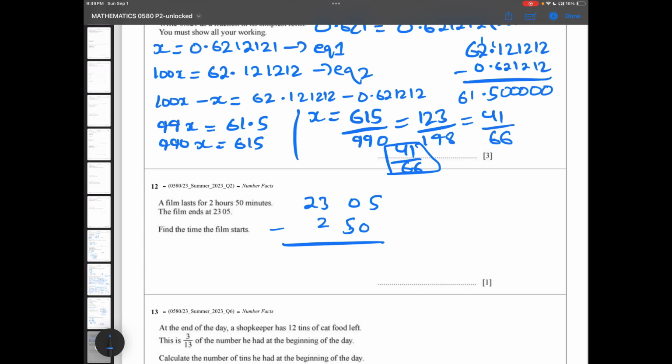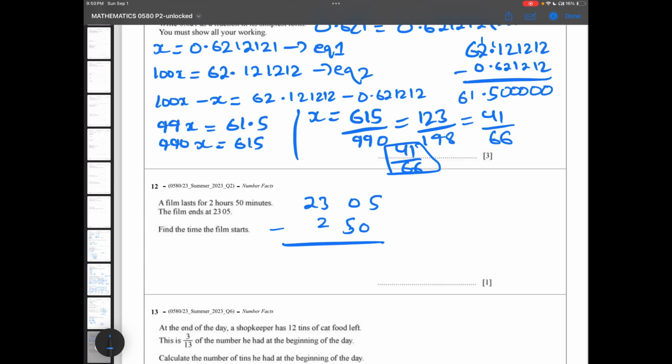So we don't do the usual subtraction that we have learned while subtracting normal numbers. In these kinds of questions, when you have minutes, this 50 cannot be subtracted from 5. I will give 60 minutes more to 5.